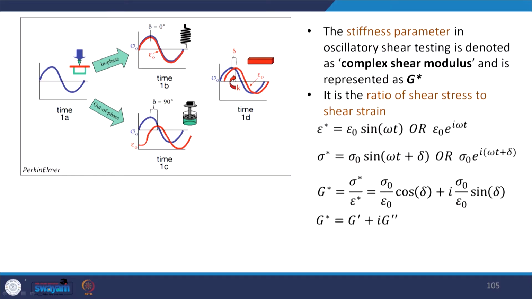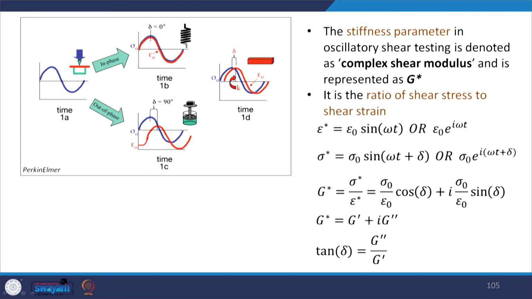This is how you describe G star, and this is how you write G star in the form of storage modulus and loss modulus. The absolute value of G star becomes equal to the square root of G dash square plus G double dash square. This is something you can remember for calculations. There is another term called the loss tangent, or the damping component of the material.